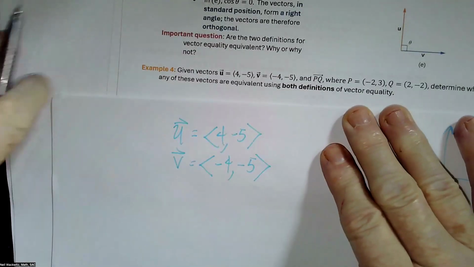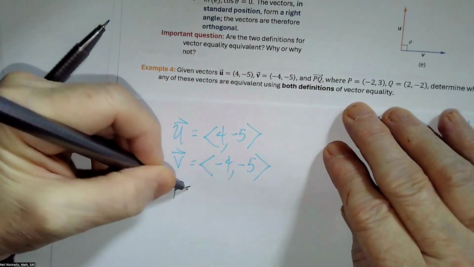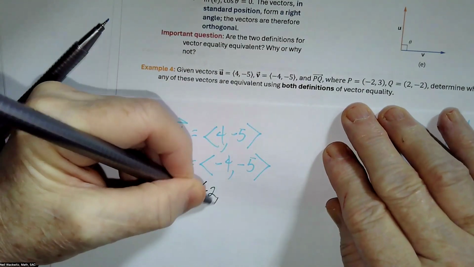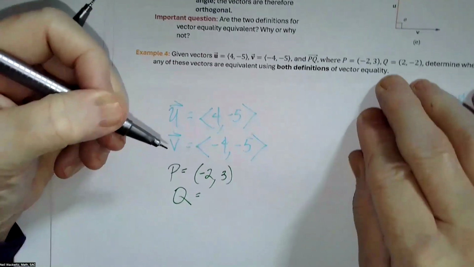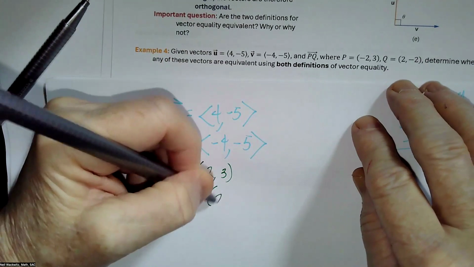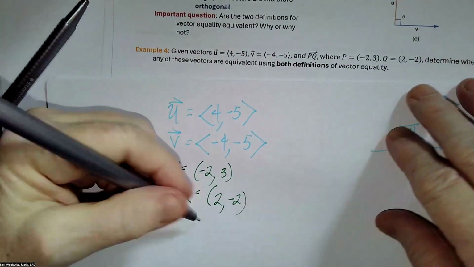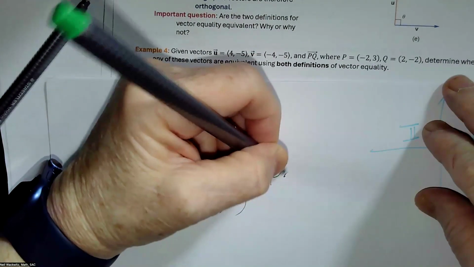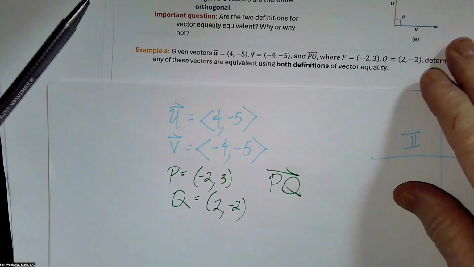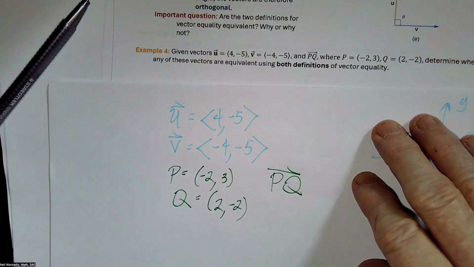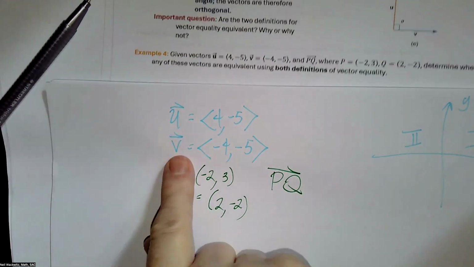And PQ, where P is -2, 3 and Q is 2, -2. And we want to compare PQ with u and with v.